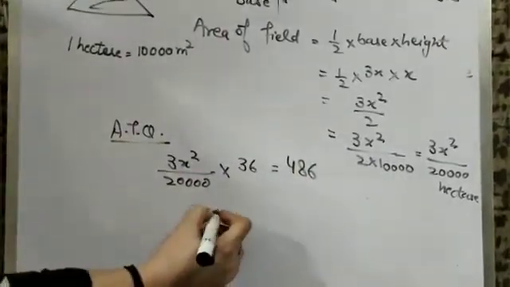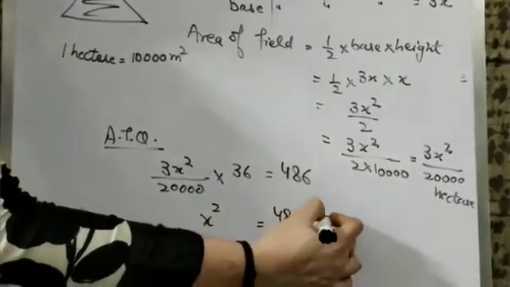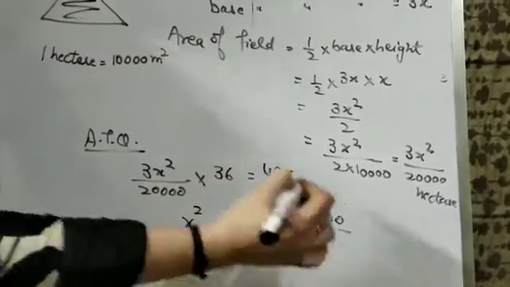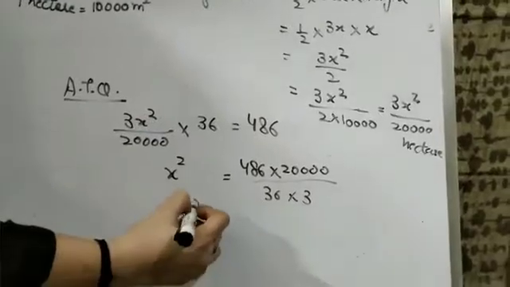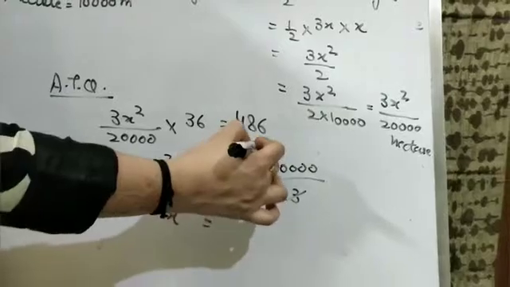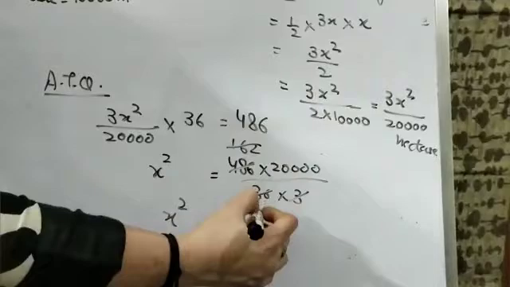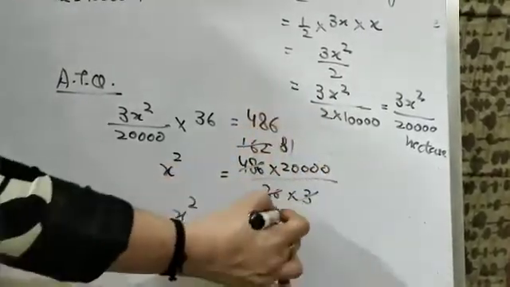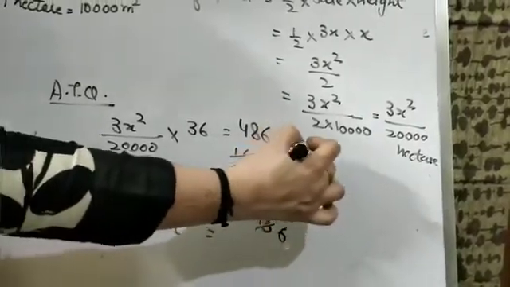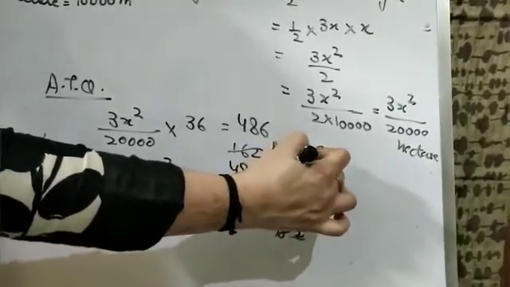Now take the variable on one side and the constant on the other side. 486 and 20,000 are multiplication, and 36 and 3 go for division. Here x square is equal to, we are just going to cancel, 3 nines are 27, and 1 and 10,000.